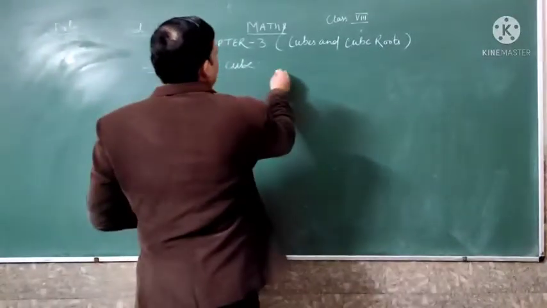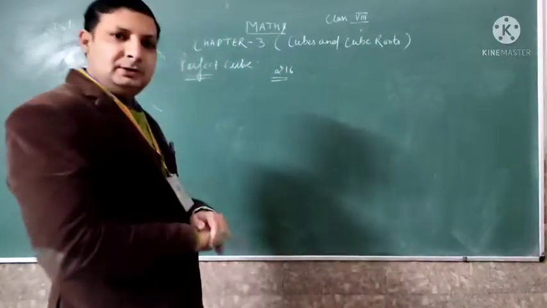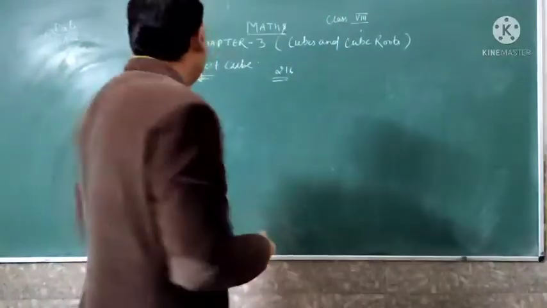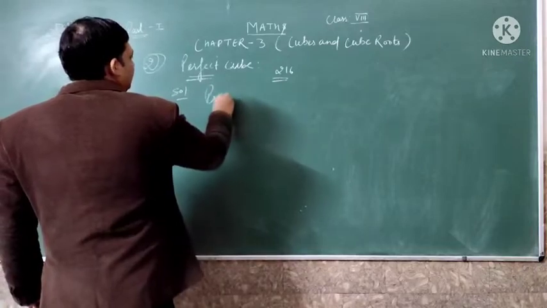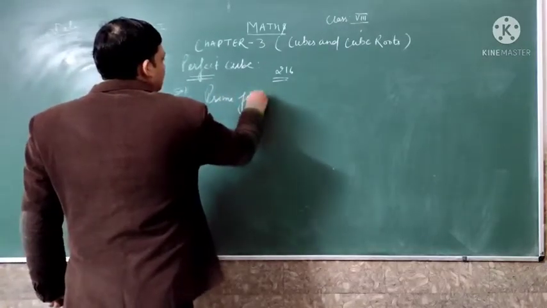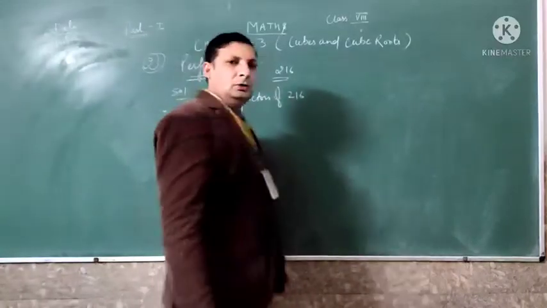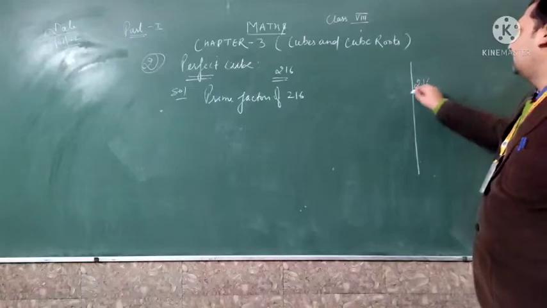Like I will take the example of 216. We want to check whether 216 is a perfect cube number. So what will we find? First, we will find the prime factors of 216. See how to find prime factors. We will write 216 here.